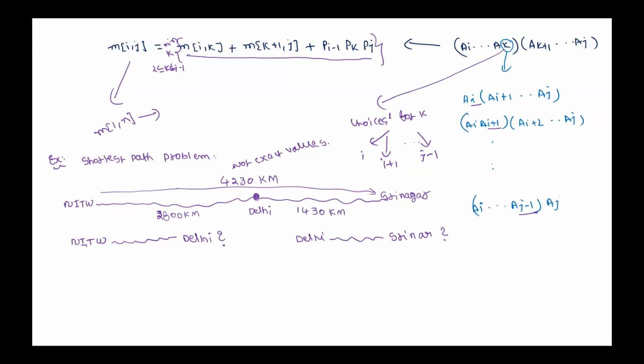Now the question is, what is the shortest distance from NITW to Delhi? And what is the shortest distance from Delhi to Srinagar? Can you tell me the shortest distance from NITW to Delhi? Is it 2,800 or not?